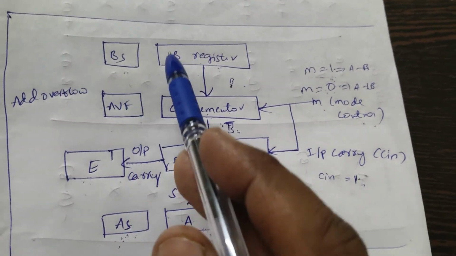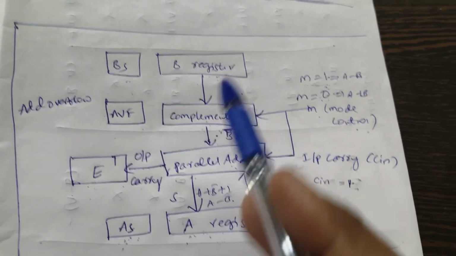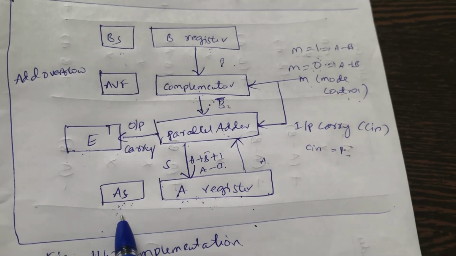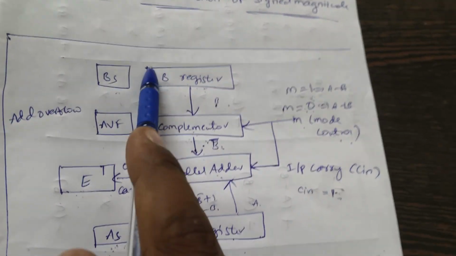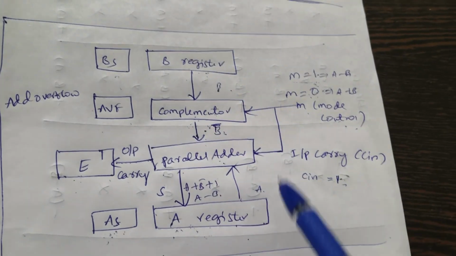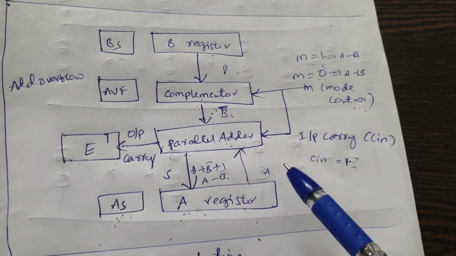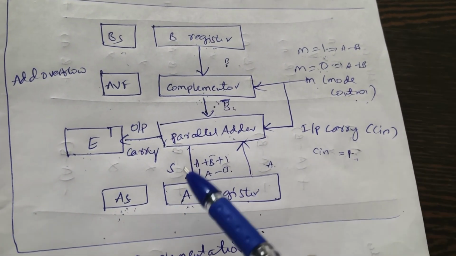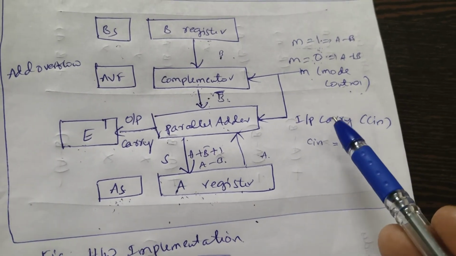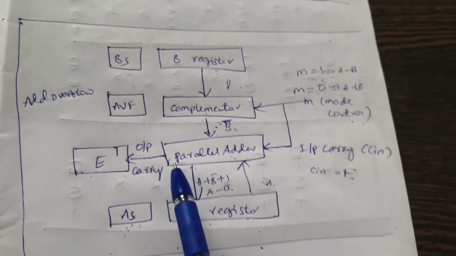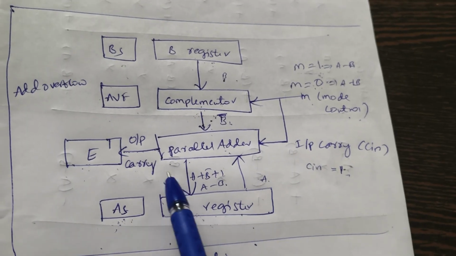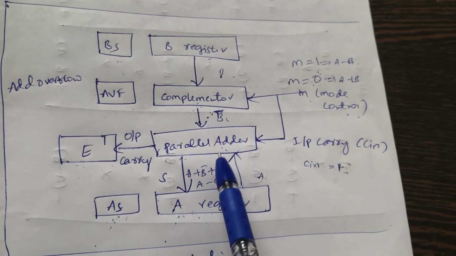So we have two signed numbers, named As, A and Bs, B, like plus 10 and plus 2. Then we are going to perform an addition as well as a subtraction operation. In order to perform the addition operation, we take one block called a parallel adder circuit.